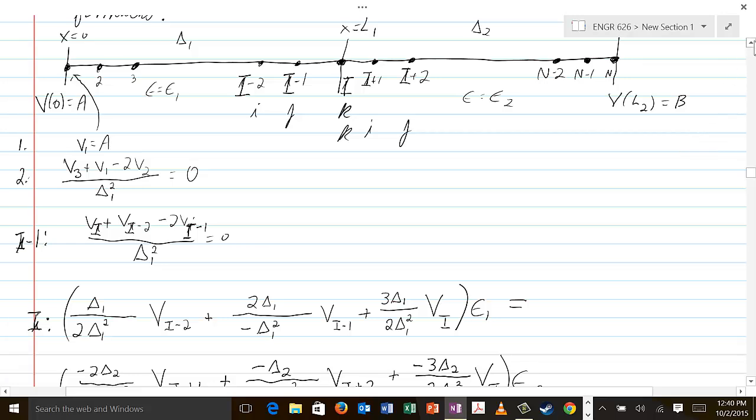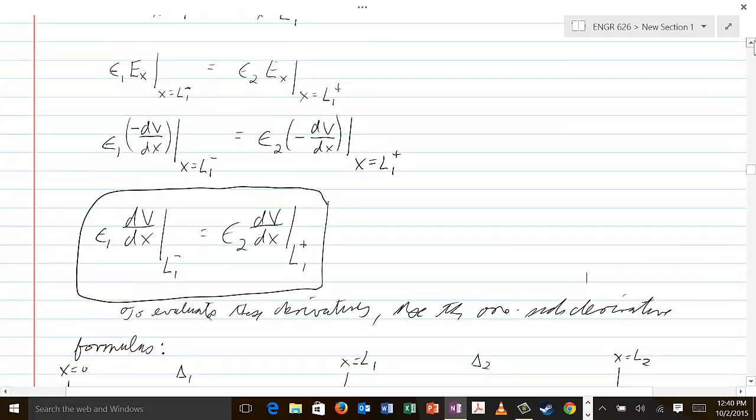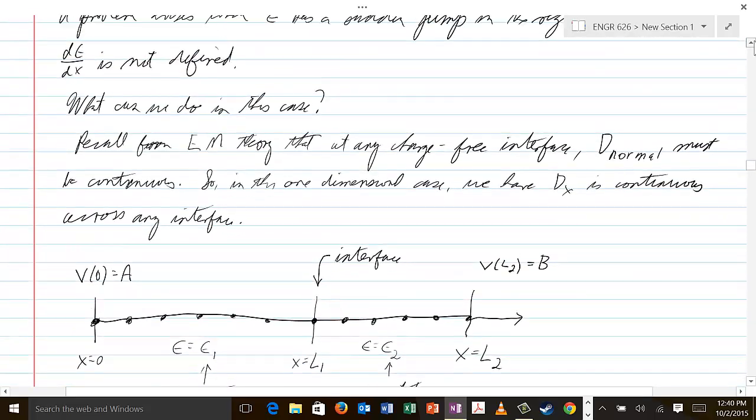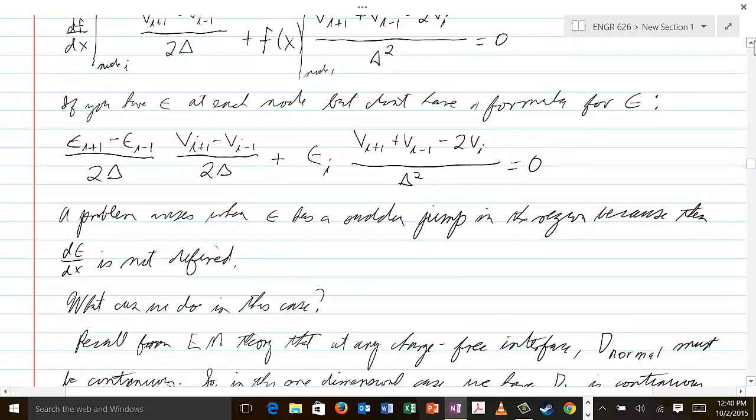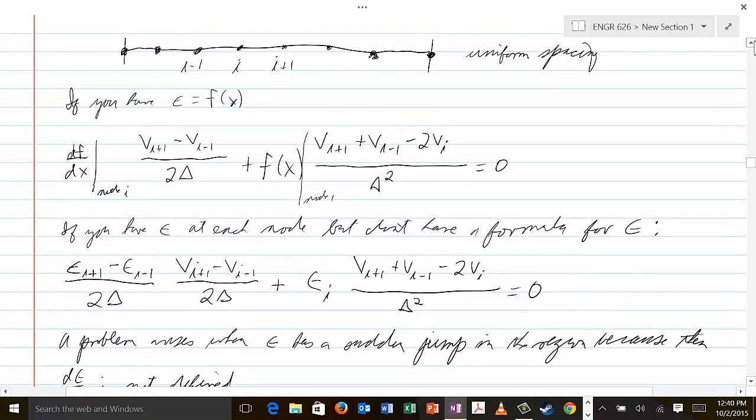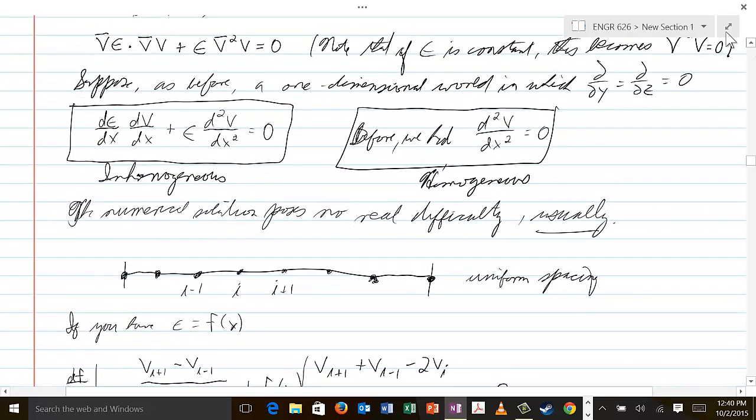Let's go back up to our equation now. What do we have at node 2? Node 2 is actually in a homogeneous region.